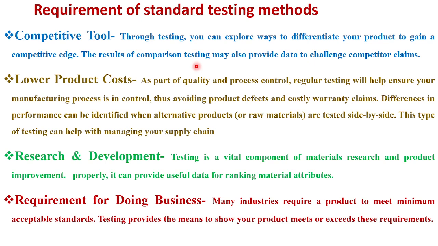So sometimes you are making a combination of NR and SBR in an 80:20 ratio, and by following the same testing method you prepare two samples, one 100% NR based and one NR and SBR based. If you are getting the same property, you can reduce the cost of your material even while getting the same property. So that's why it is important for R&D also.